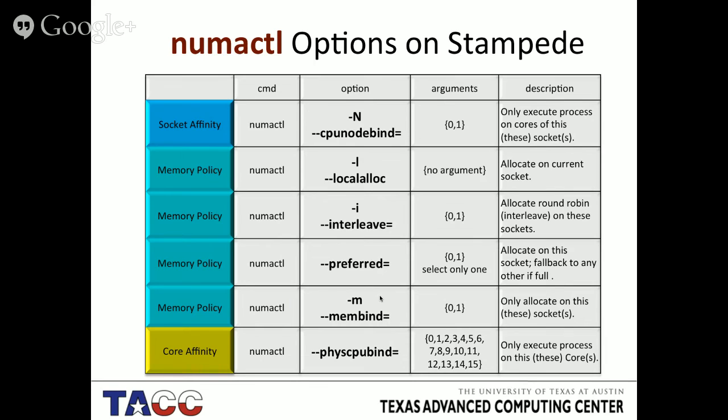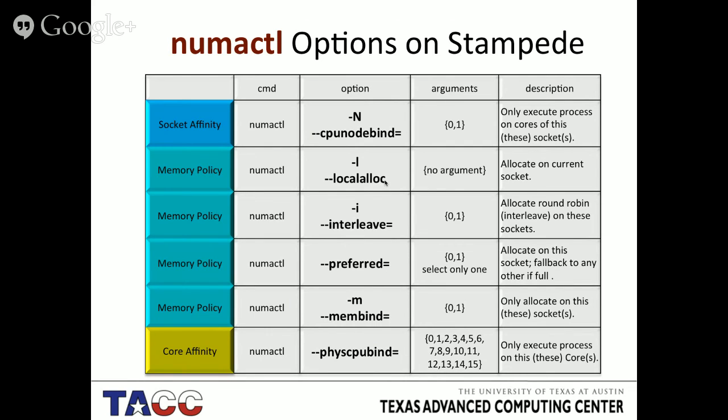Up here, if you're doing, say, local or preferred, when it runs out of memory, say on socket 0, it'll push it over to another socket's memory. Okay, no problem there. But it doesn't do anything else. So let's say you do a lot of I/O and you're using up a lot of buffer space.